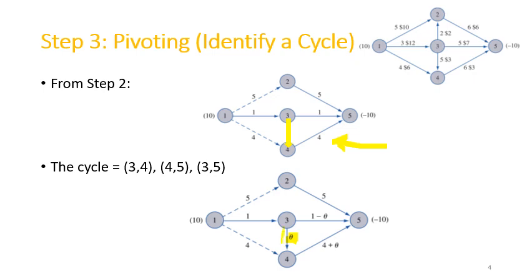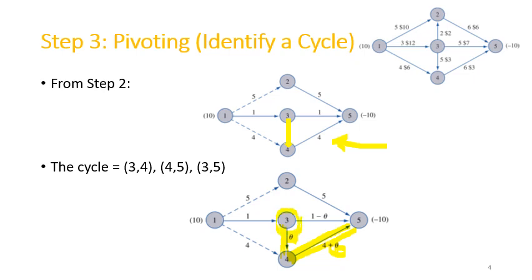If we add the flow from 3 to 4 as much as theta, the consequence is that from 4 to 5, the flow will also be increased by theta, right? Because you're increasing 3 to 4, automatically 4 to 5 must be increased as well. Now look at the other consequence.